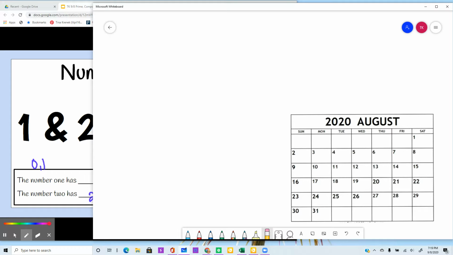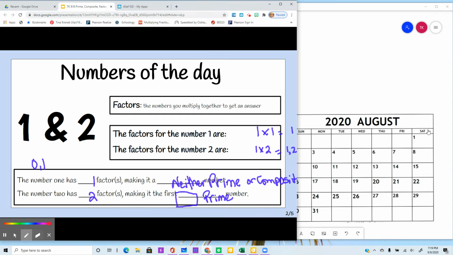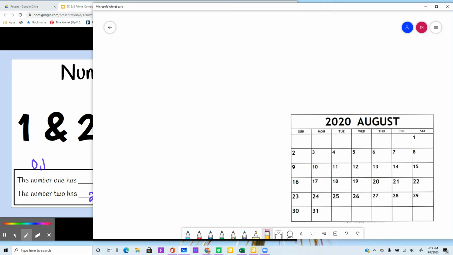So the first rule is even numbers. So what's an even number? An even number is any number that can be divided by 2 evenly.